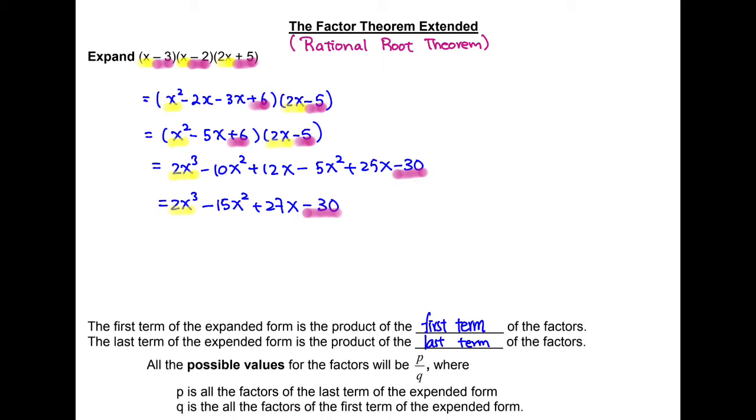So now let's do some examples to see how we can use the values of P and Q to factor a polynomial. Example 1. In order to factor this cubic function, let's first define our value of P and value of Q. P is the last term of the expanded form, and Q is the coefficient of the first term. So factors of P will be factors of negative 7, which is plus or minus 1 and plus or minus 7.